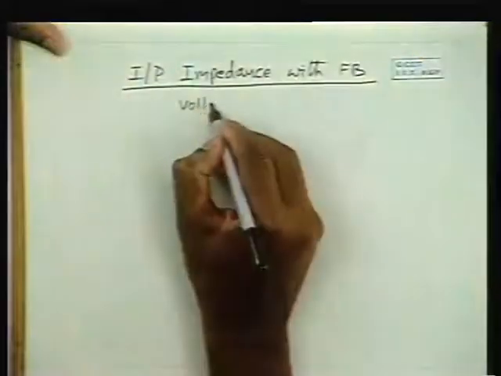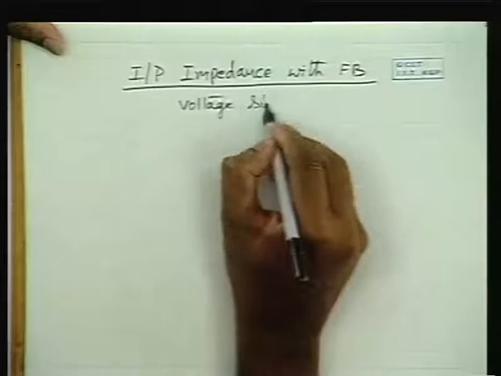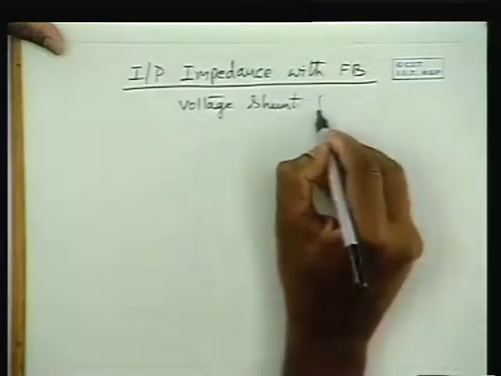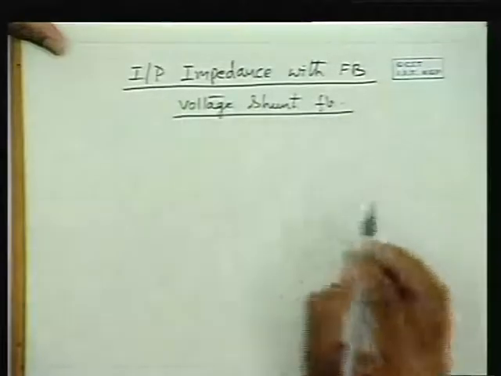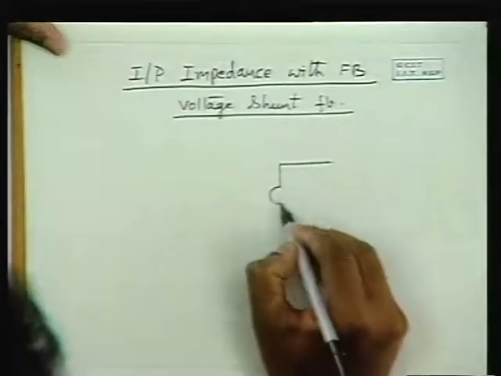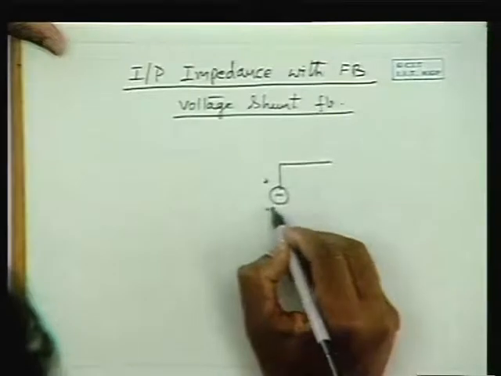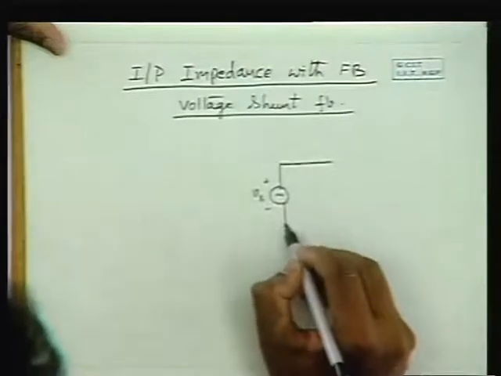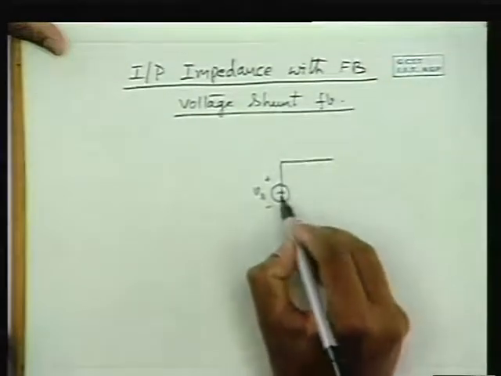Now we shall see the effect of shunt feedback on input impedance. Here the input signal source is a current source.